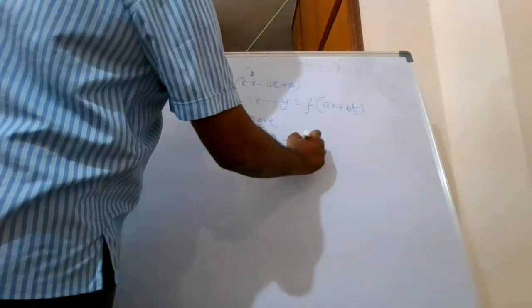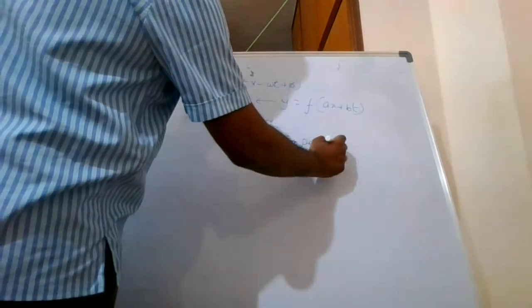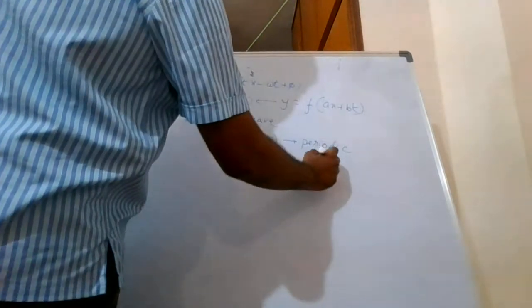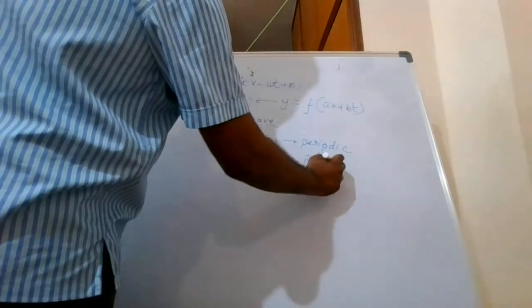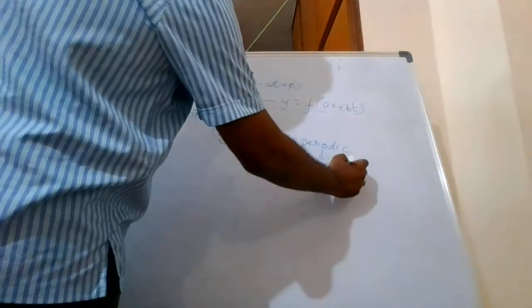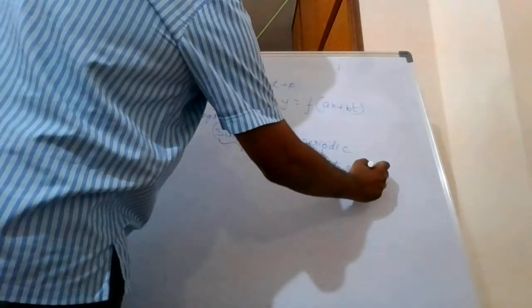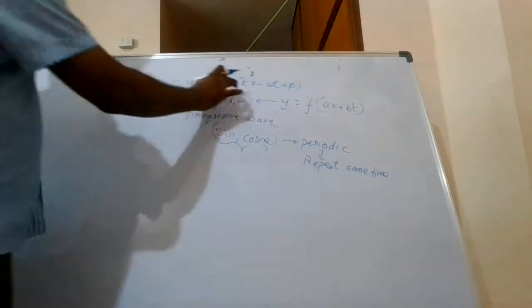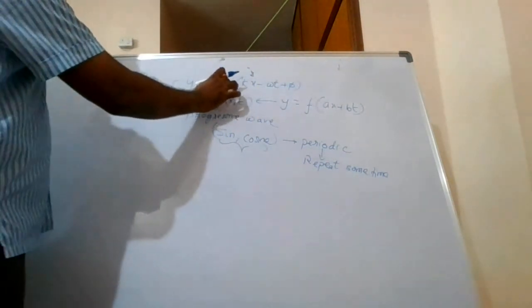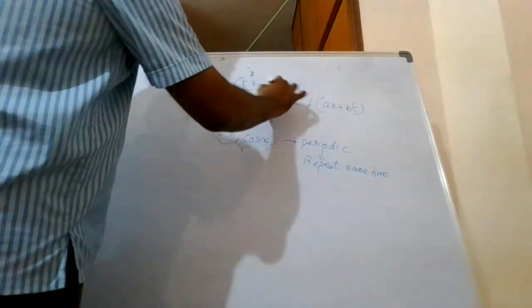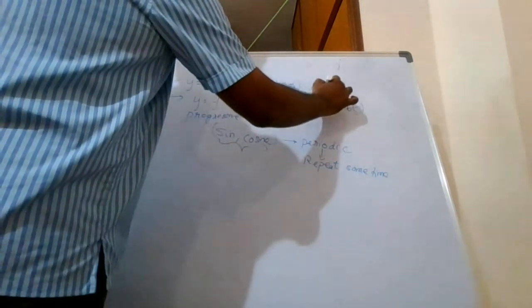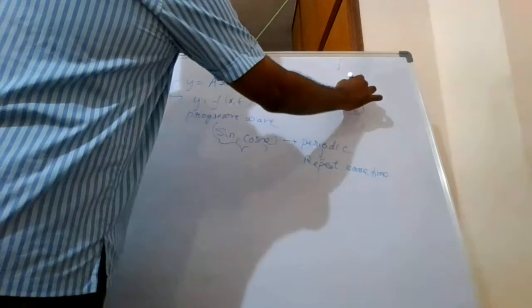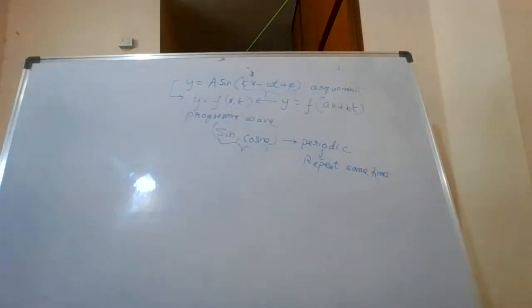What do I mean by periodic? They repeat after some time. Now everything that is there inside this sine, under this bracket, this whole stuff is called the argument. Not the kind of argument people have between them. It is called the argument.